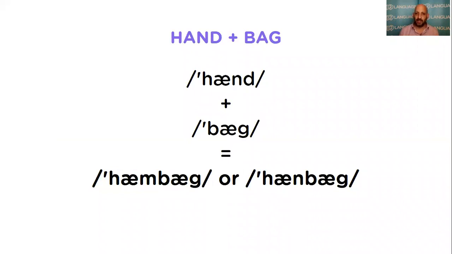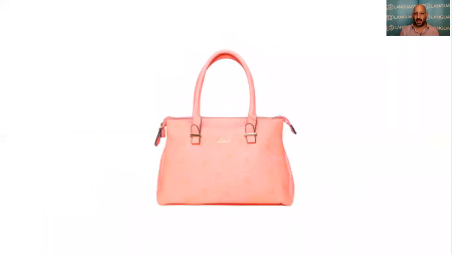It's "hambag" or "handbag." And sorry for anyone from North America or who learn North American English, you might say purse. A purse in Australia, in Britain, is a wallet for a woman, okay? But for the argument's sake, and because I'm teaching, this is a handbag.